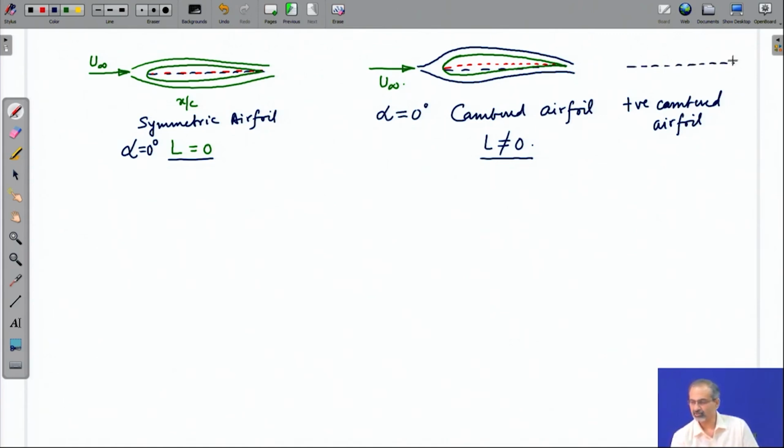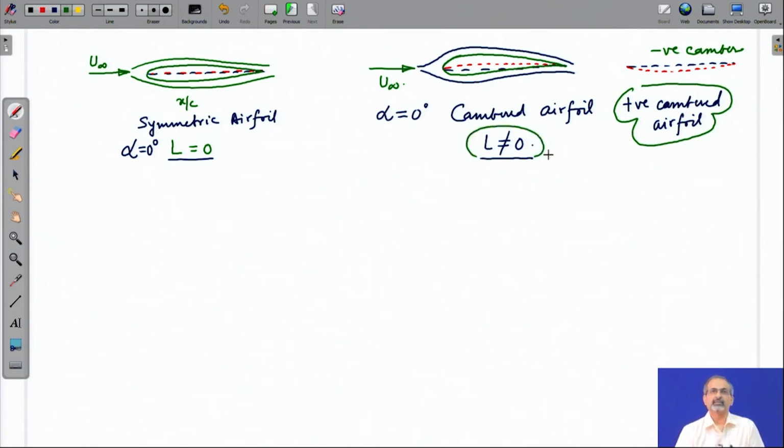For example, if this is a chord line and the camber line has moved below, this is an example of negative camber. However, we are not bothering about that; we are bothering about a positively cambered airfoil, and it ends up giving us a non-zero lift which is positive. Now, we would be interested to see how the pressure distributions really look in principle on the upper and lower surfaces of the airfoil.